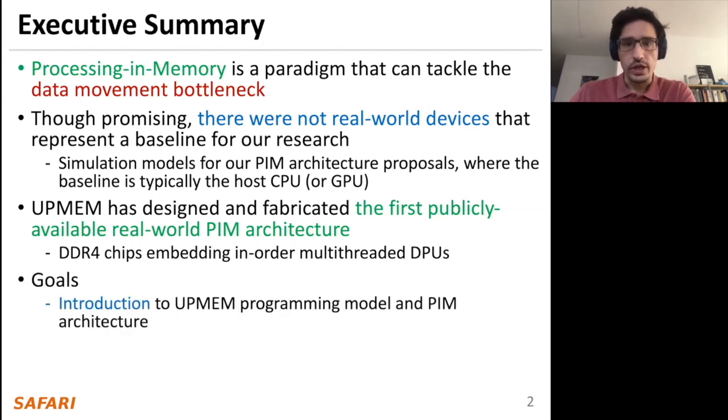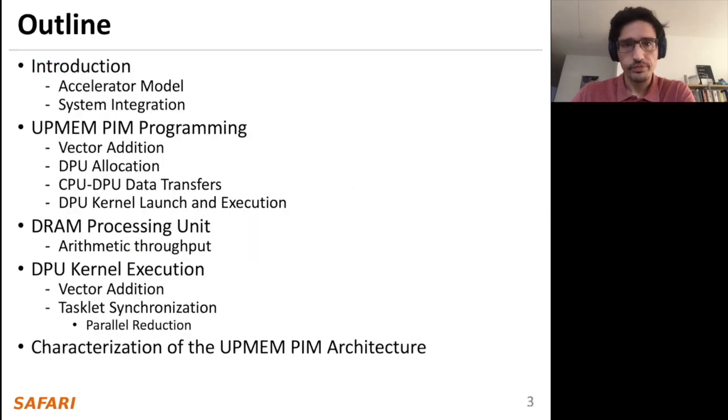Our goals in this presentation are first to introduce the UPMEM architecture and the way that we work with it, which is programming it. We will also start understanding the architecture and maybe even pointing out some potential improvements for future research.